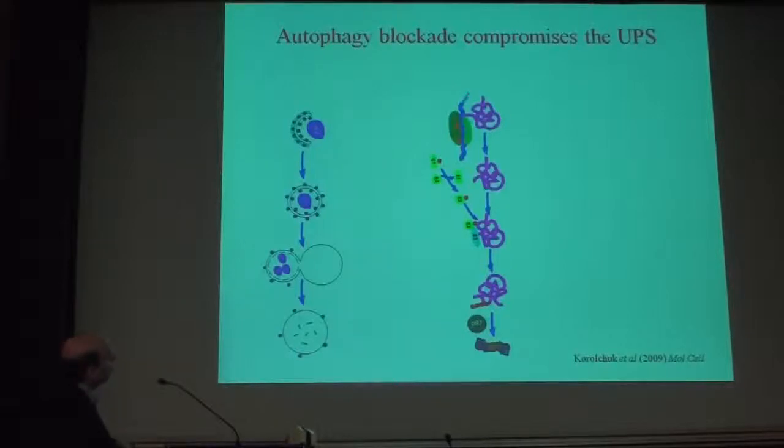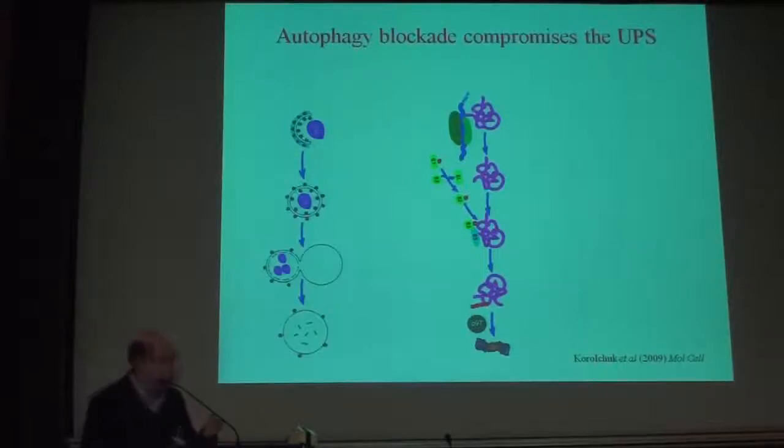This is a cartoon of a ribosome making a new protein in purple that gets ubiquitinated. Ubiquitin is a small protein that gets covalently attached to exposed residues on this purple protein by a series of enzymes. After the initial ubiquitination, further ubiquitins are added, so you form a ladder of four or more ubiquitins that serves as a recognition signal for transport of these proteins to the proteasome, where they can get degraded.